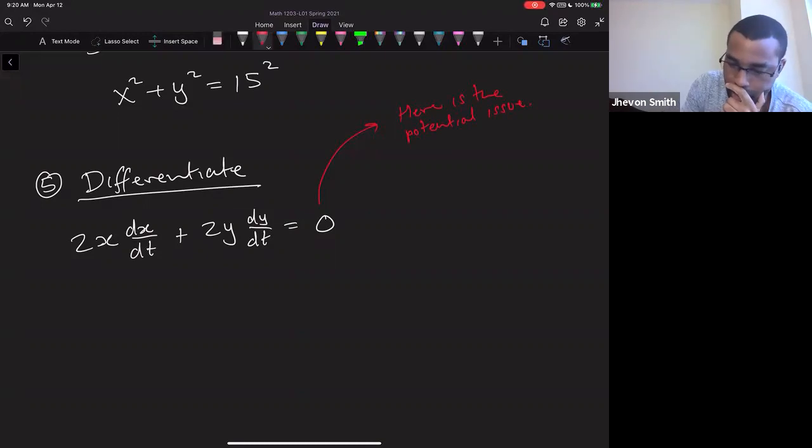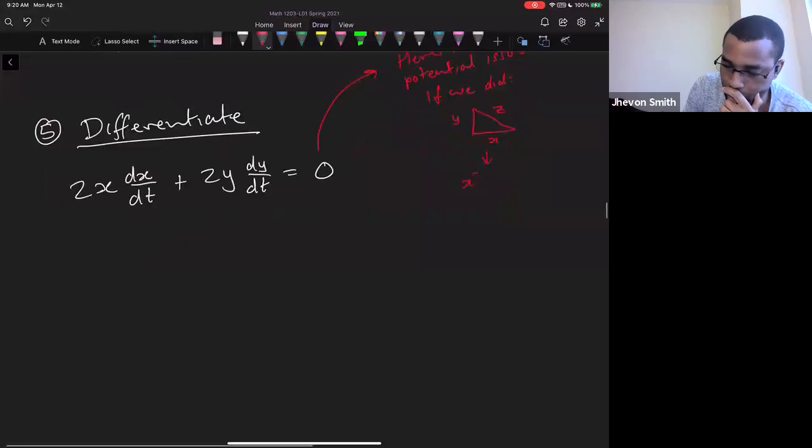If we did, let's say x, y, z, then we set up x squared plus y squared equals z squared. And then we went through and differentiated: 2x dx/dt plus 2y dy/dt equals 2z dz/dt.